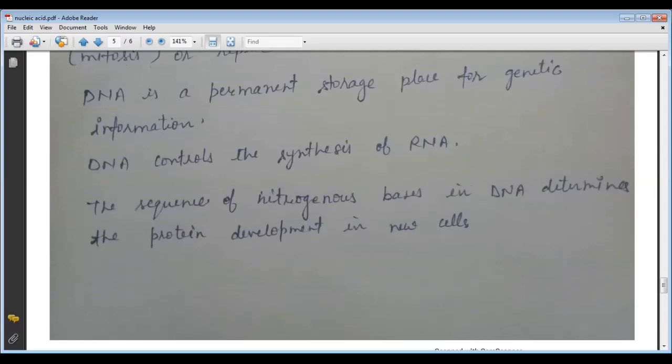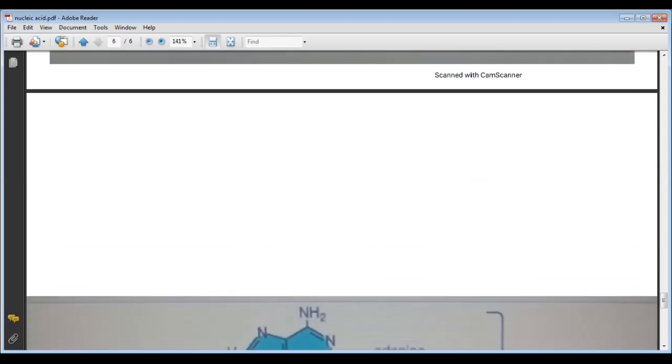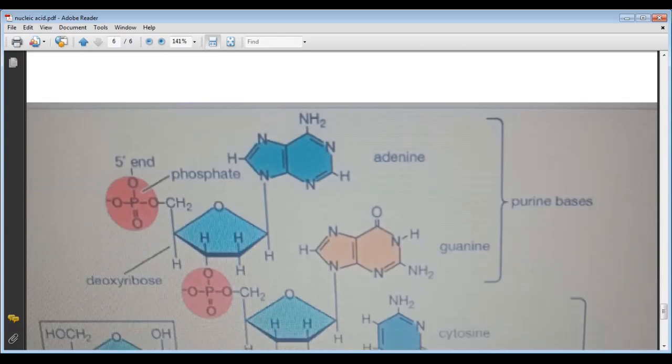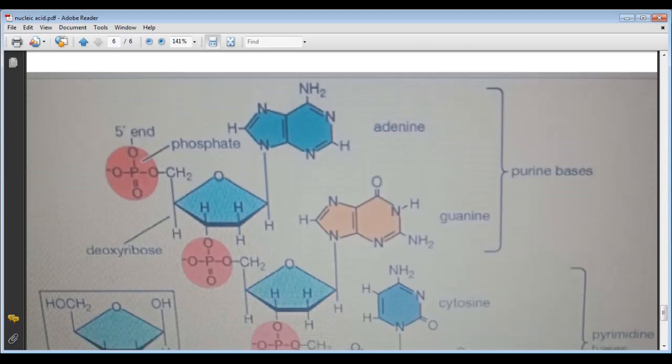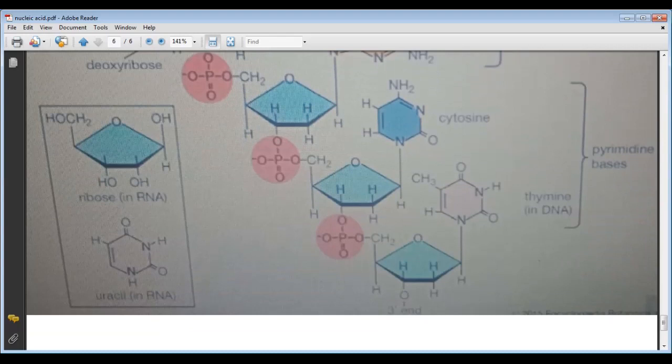In the double helix structure, we can represent it again by this diagram, showing how we can arrange the phosphate, pentose sugar, and nitrogenous base. In this diagram we can see easily that only one strand is here, the 3' to 5' strand.